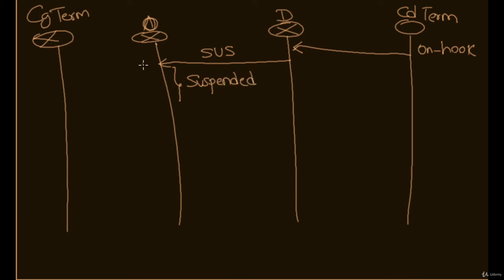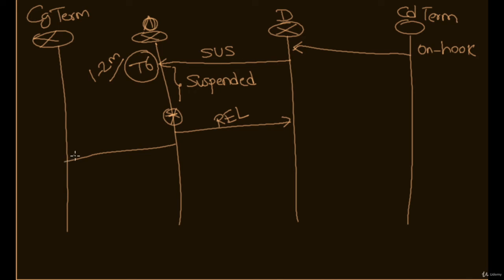As soon as it receives the suspend, it starts the T6 timer, which is around 1 to 2 minutes. When this timer expires, let's suppose after 2 minutes, it will start the normal release process. That is, it will send the release message to the destination one, and it will initiate the release procedure with the calling one.